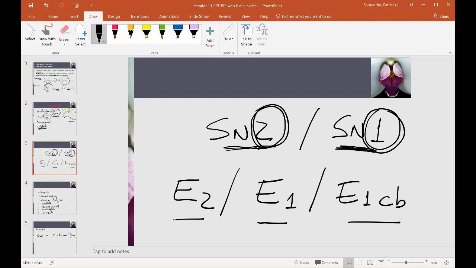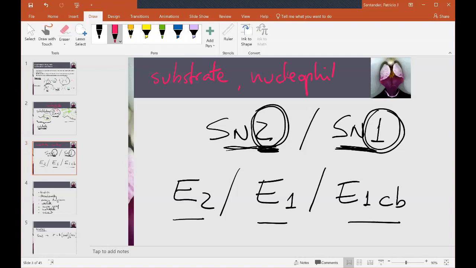So if I have a number 2, that means that I have 2 species that will influence the rate of the reaction. In this case, the 2 species will be the substrate and the nucleophile. So that will be the SN2.